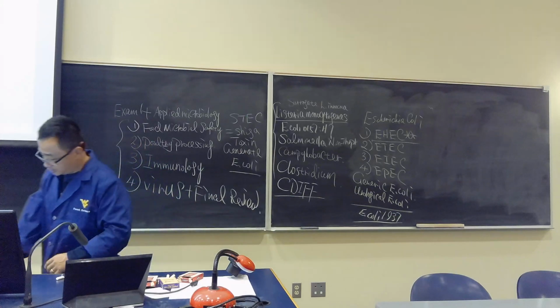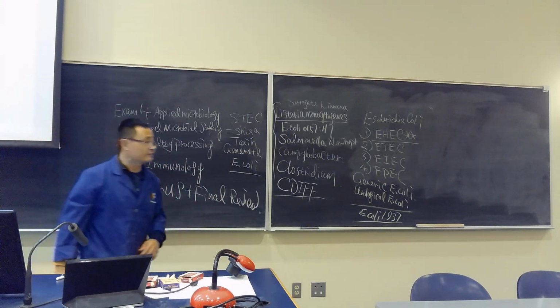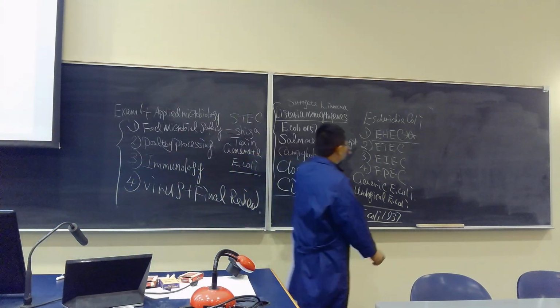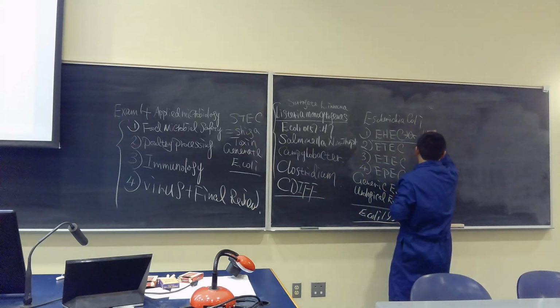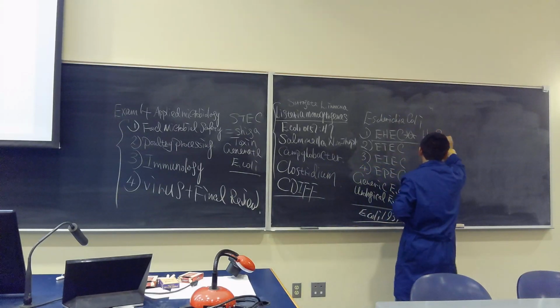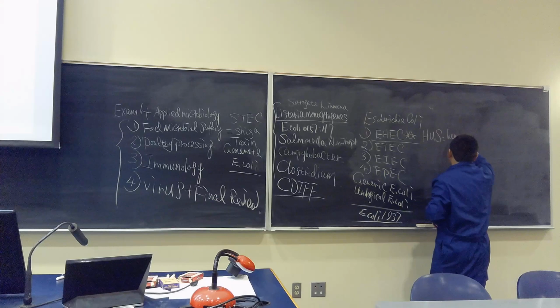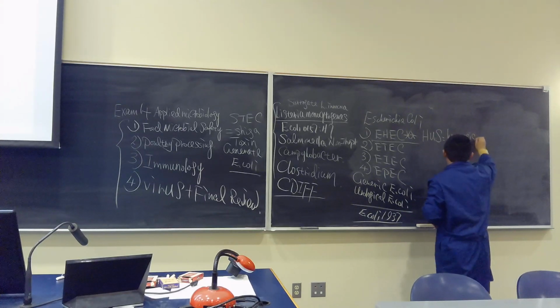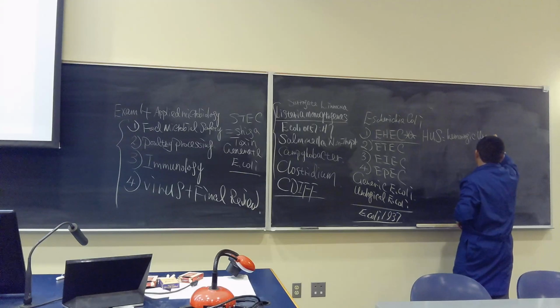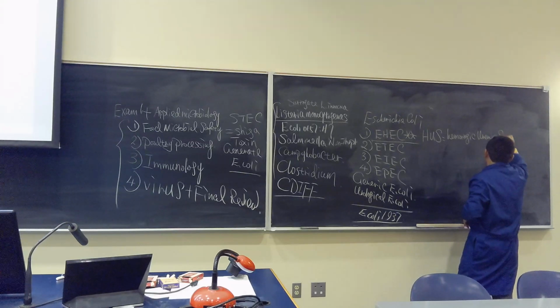Enterohemorrhagic E. coli. E. coli O157:H7 belongs to that because it will cause HUS, hemolytic uremic syndrome.